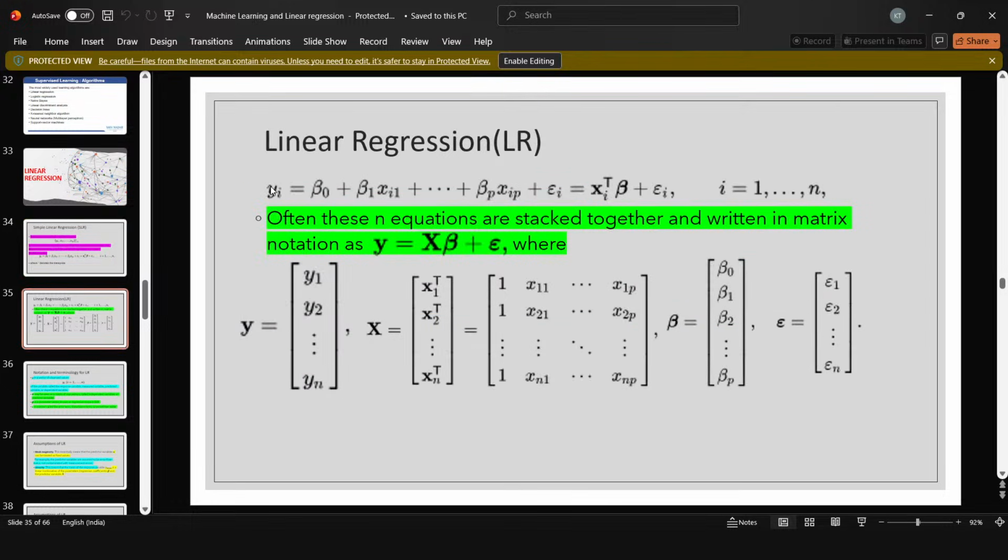So the dependent variable yi is equal to b0 plus b1 x1i. These xi1 until xip, these x values are given in the training data set that is given to you.